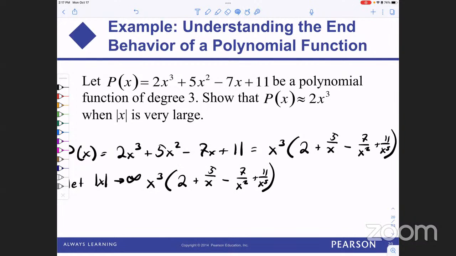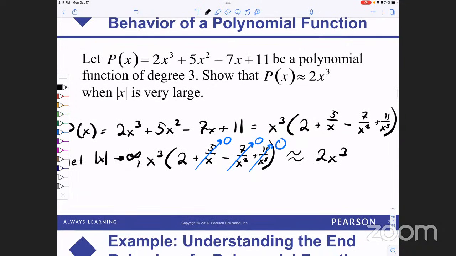As x goes up to infinity, this term tends to 0, this term gets closer and closer to 0, and this term gets closer and closer to 0. So they all tend to 0. Then that's going to be approximately equal to 2x cubed. So we showed that the original polynomial is approximately equal to 2x cubed when the absolute value of x is very large. We'll just put a box.